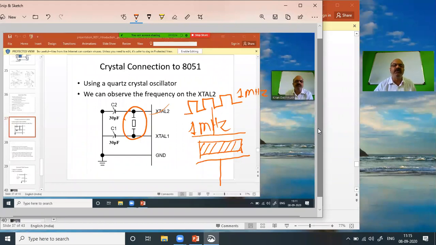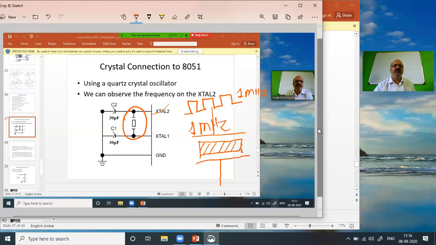Piezoelectric device and piezoceramic devices, they are almost same except the material. In case of piezoelectric material, we use quartz, Rochelle salt, barium titanate, correct? All these materials are purely piezoelectric materials. Whereas piezoelectric ceramics means we use ceramic materials, and we are using those ceramic materials as a piezoelectric material.